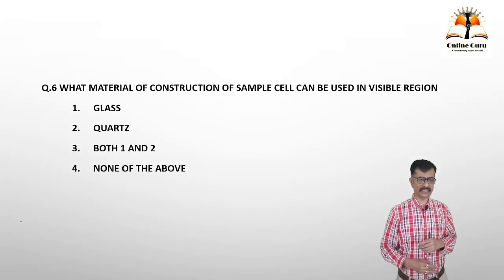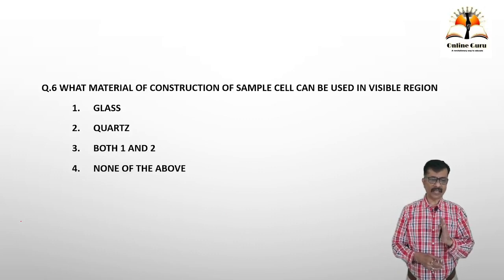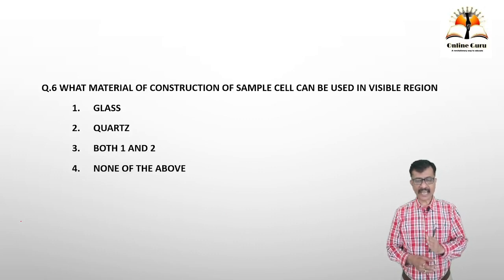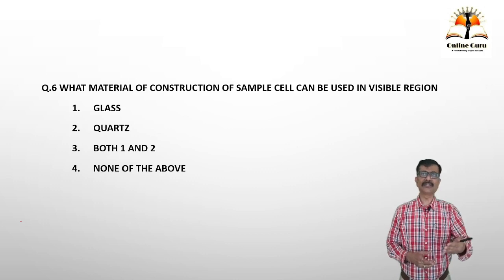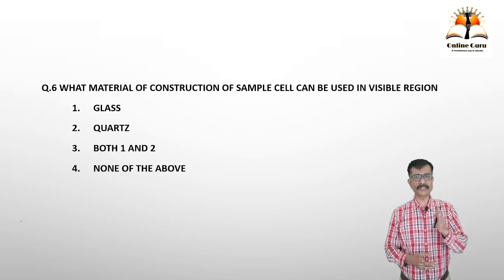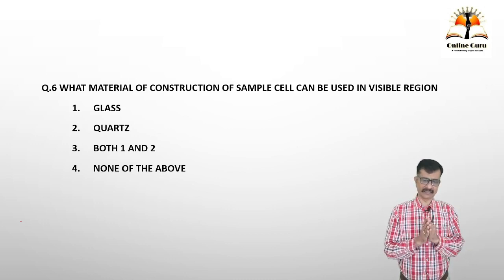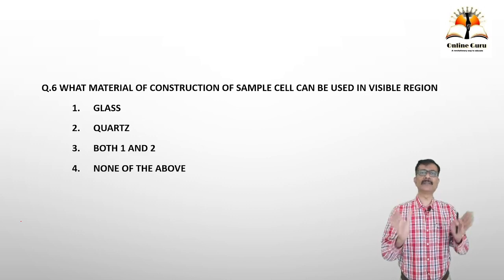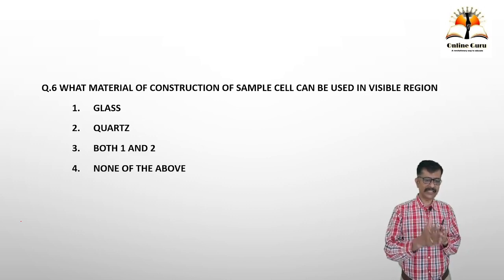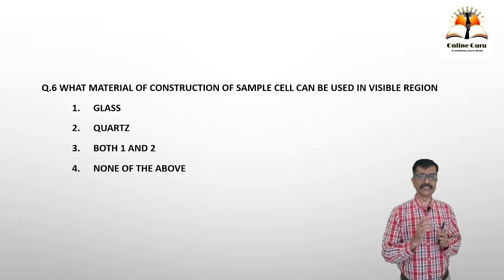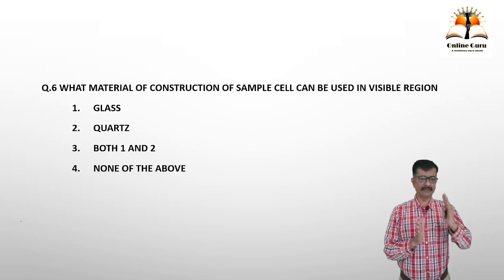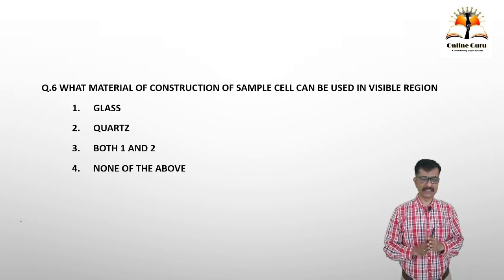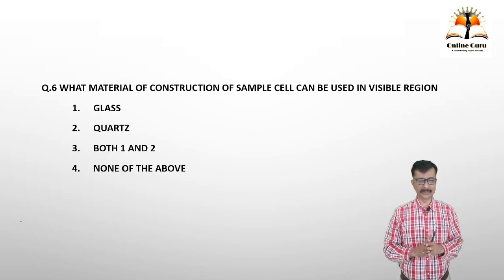Now move to the next one. What material of construction of the sample cell can be used in the visible region? Again, the same thing: whatever material the sample cell is made of, it should not absorb the radiation. When we want to work in the visible region, we have to find out which material is transparent to the visible region. Glass is transparent in the visible region, and quartz is again transparent to the visible region.